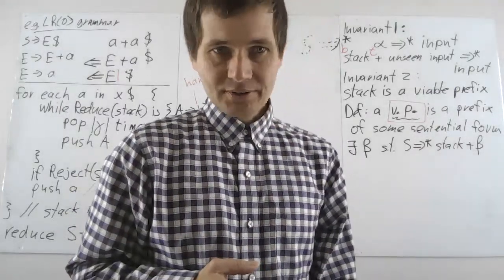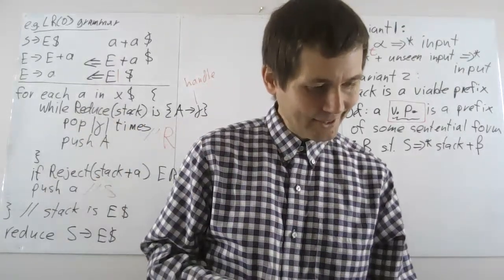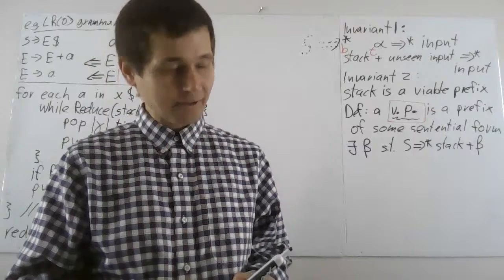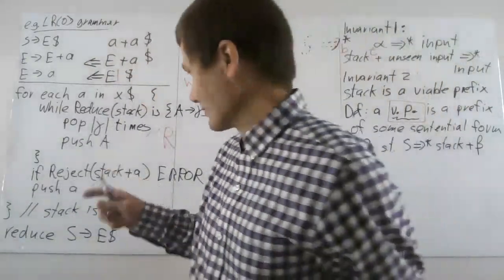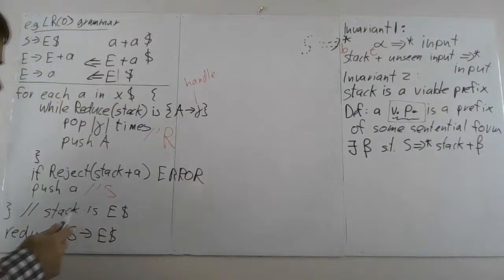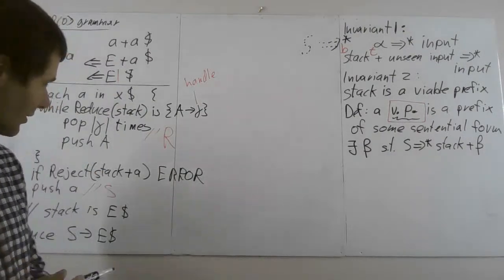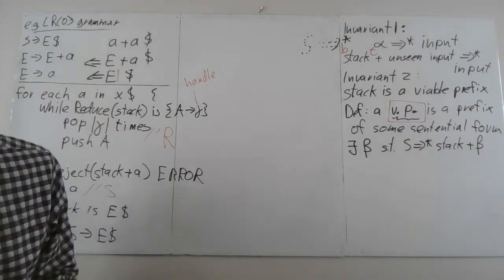Okay, so questions there. Okay, so now that we have this viable prefix idea or this invariant, I can define reject at least. Reject is going to be easier. How am I going to define reject?